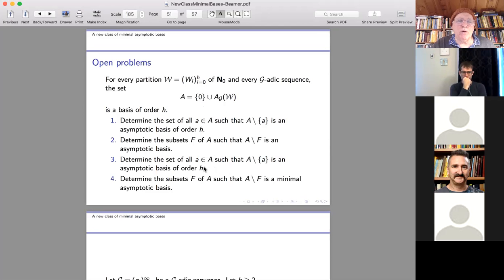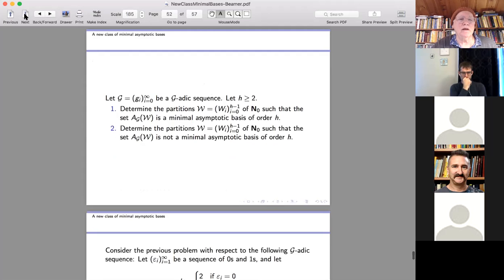This should be: what finite sets can you throw away such that this becomes a minimal asymptotic basis? It's just very hard to understand these sets, even though there's a very simple description of them. If you take any geodetic sequence, what are the partitions of n that give you a minimal asymptotic basis?